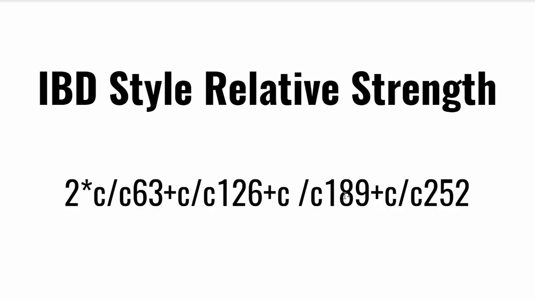So it's another 1 weight, and here again you get additional weight on the 63, and here again additional weight. While C by C126 gets 3 weights, because it's 1 time here, and the 126 data is included again in the next two. And C by C189 gets 2 weightage, because it is 1 time here and is also included in 252.